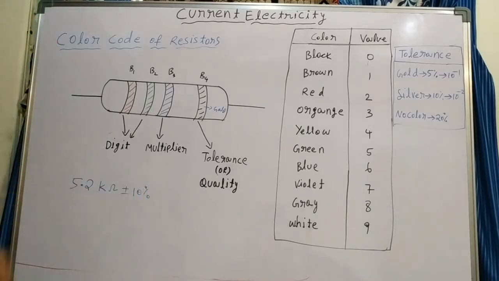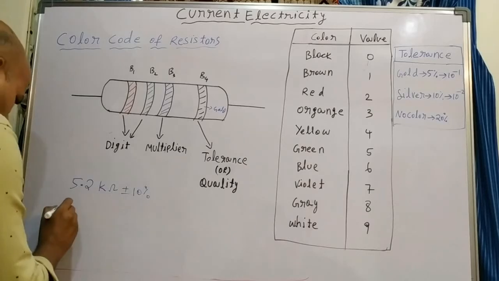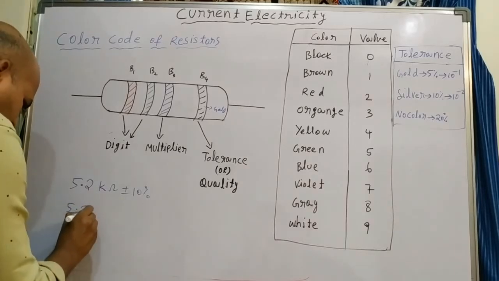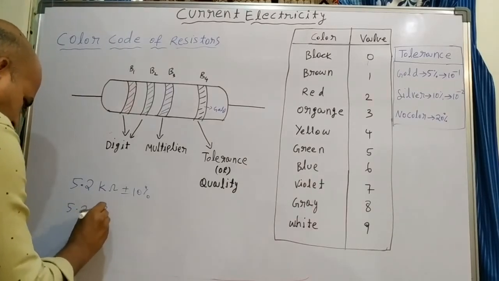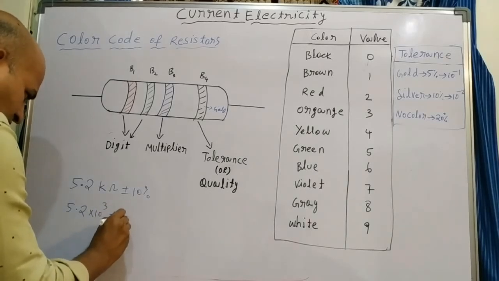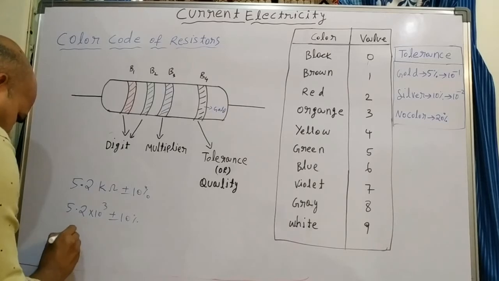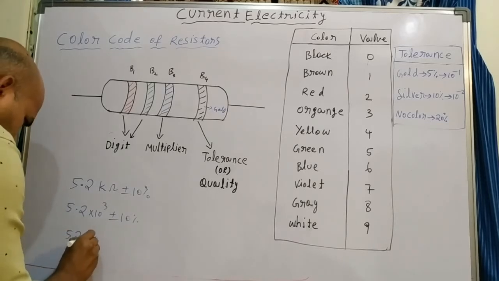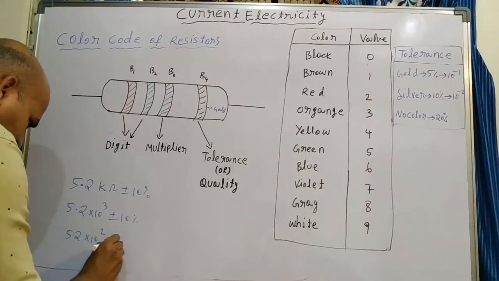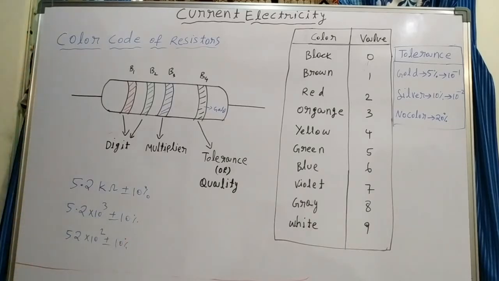Decimal point we can't take, so you can write this properly: 5.2 into 10 power 3 plus or minus 10%. Write more properly, remove this point: 5.2 into 10 power 2 plus or minus 10%.